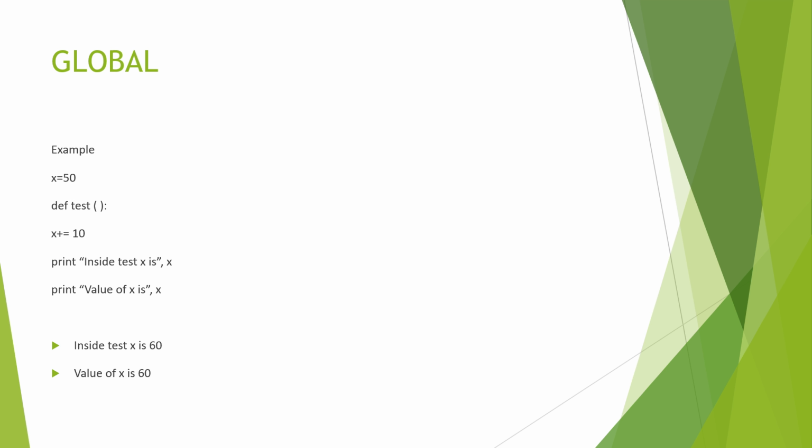And you just check this example. Before def test, I have declared variable x equals 50. Can this x equal 50 be accessed by the function? It is possible. After def test I have given x plus equal to 10, which is x equal to x plus 10. It doesn't know what value x has, but x is already 50.